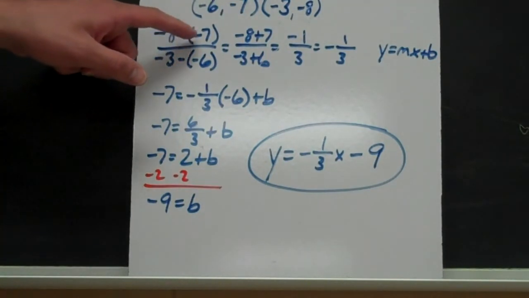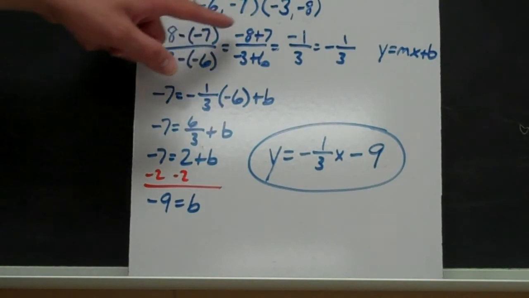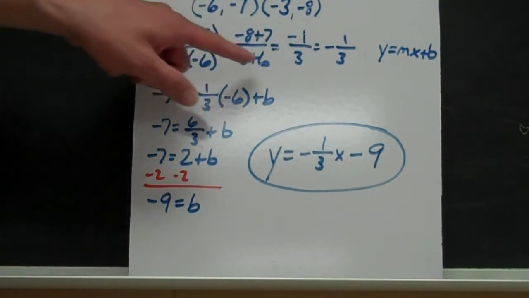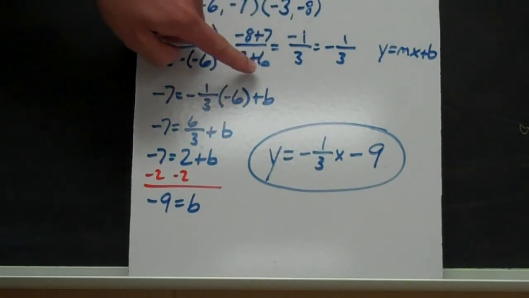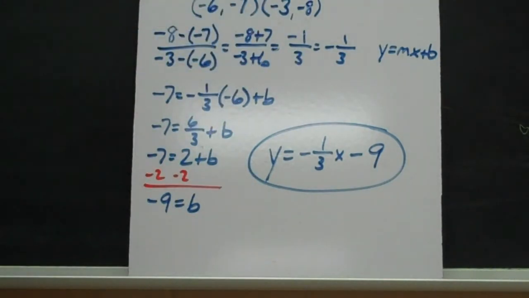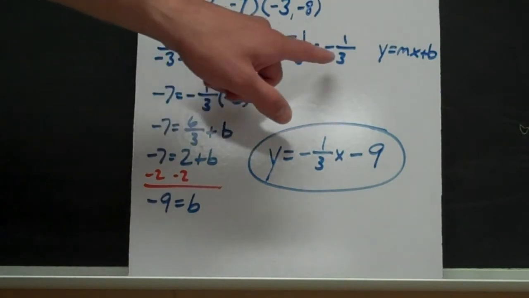When we distribute the negative inside, it becomes a positive 7 and a positive 6. Negative 8 plus 7 is negative 1. Negative 3 plus 6 is positive 3. So our slope is negative 1/3.